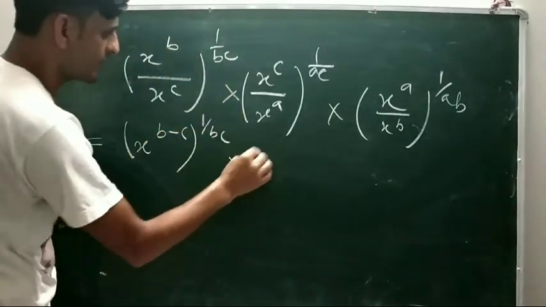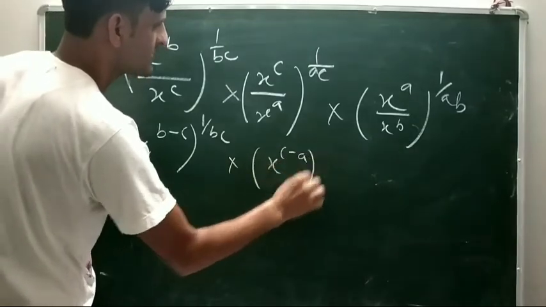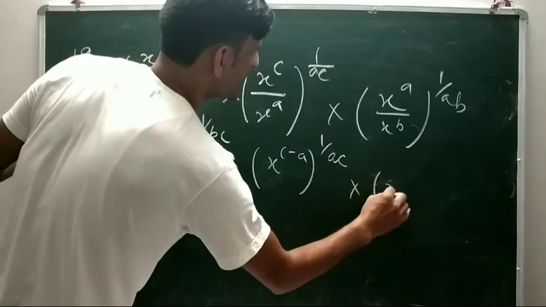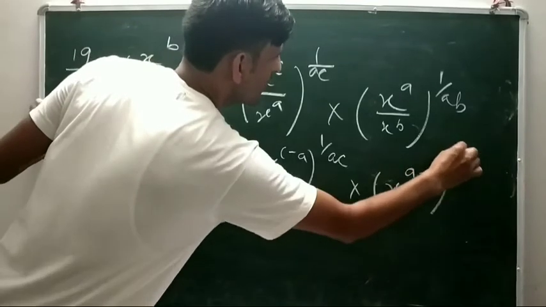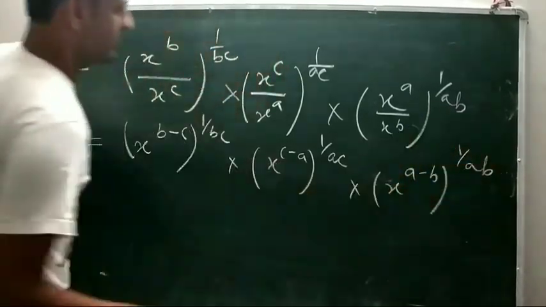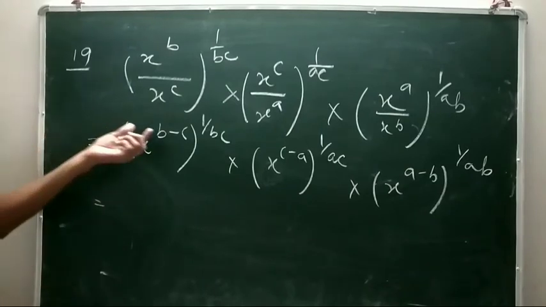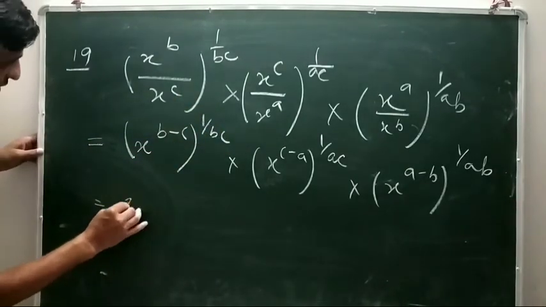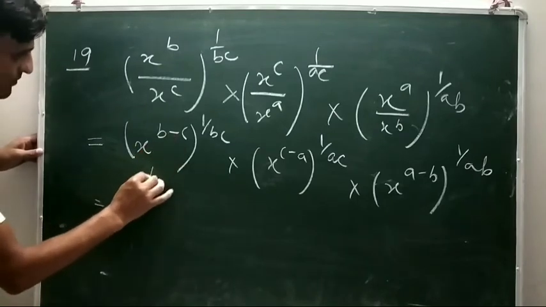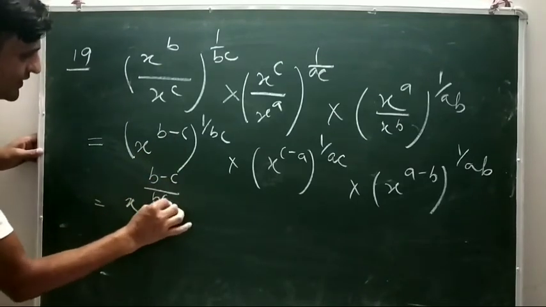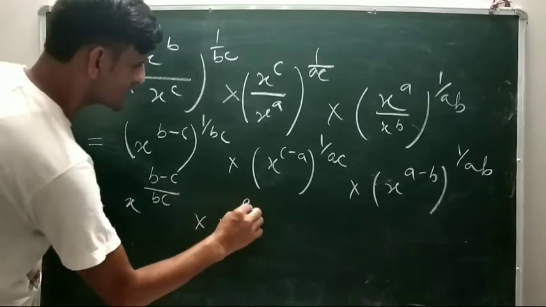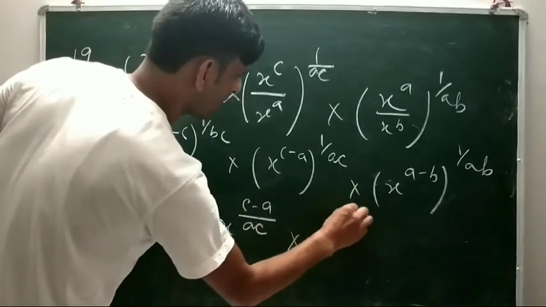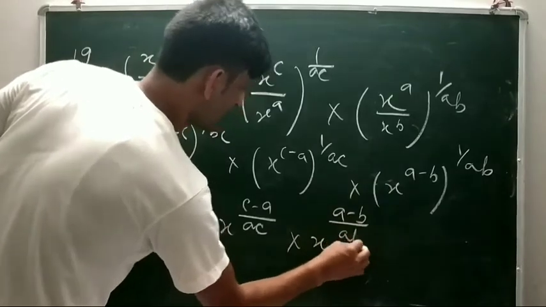In the same way we can write here also x to the power c minus a, 1 by ac, and x to the power a minus b, 1 by ab. So there is a power and there is another power, so what to do? The powers should be multiplied, so it is b minus c divided by bc. Again it is x to the power c minus a divided by ac. Again it is x to the power a minus b divided by ab.